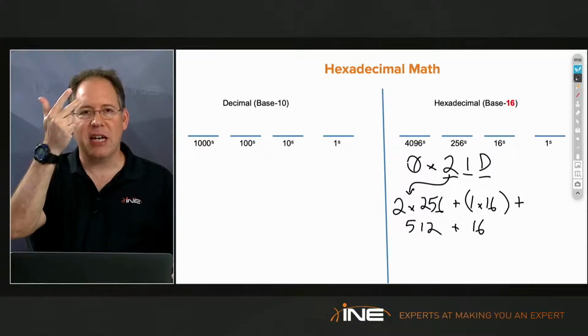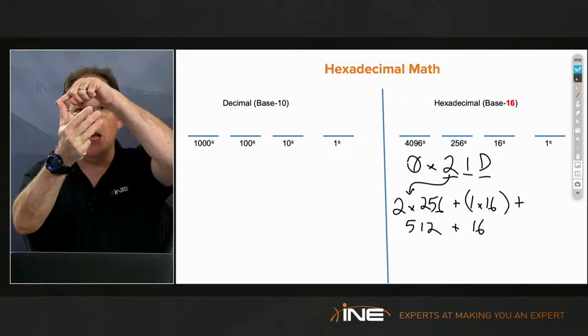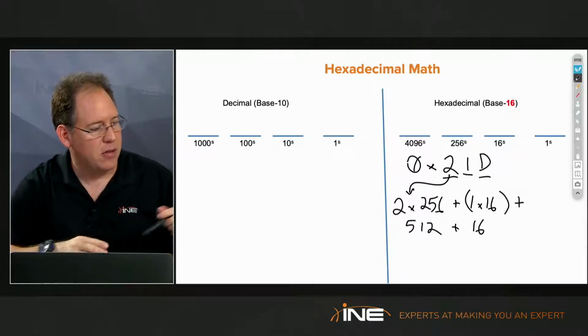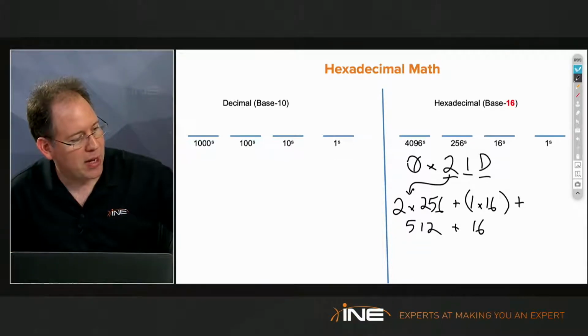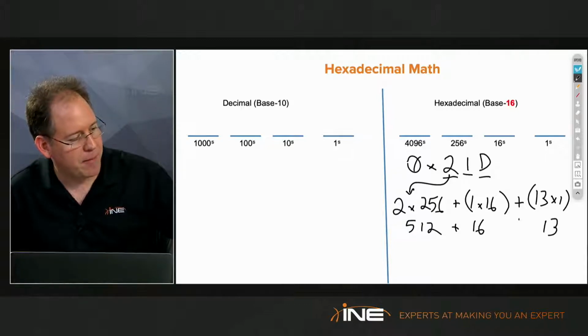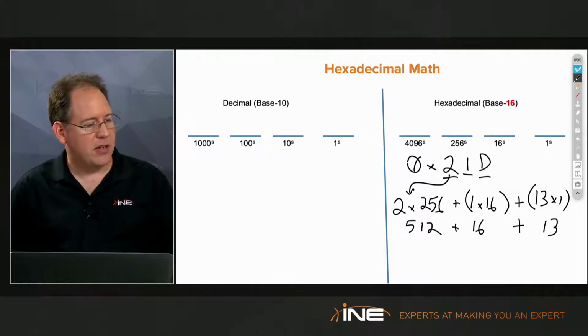A, B, C, D. 10, 11, 12, 13. So D is 13. So we have 13 times 1, which is 13. So what does this give us?